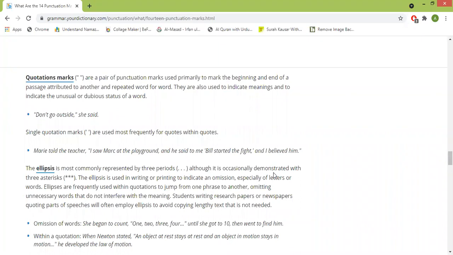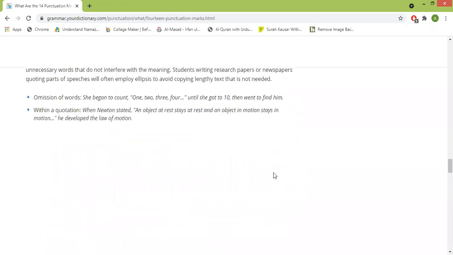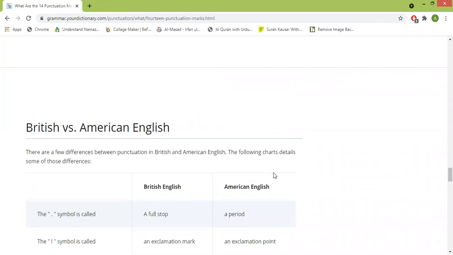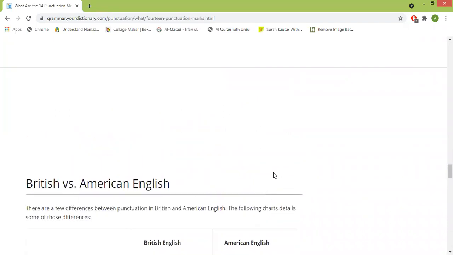And quotation marks are also used frequently for quotes within a quote, when we are quoting someone's saying, or when we quote sayings of writers or famous people. Basically, both uses have the same purpose.